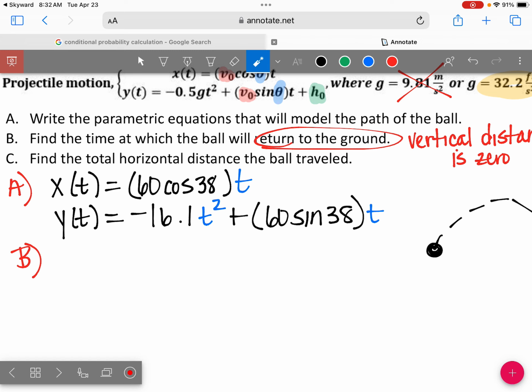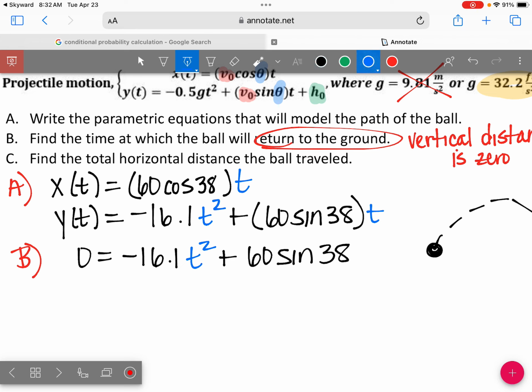But I can figure out t by using my vertical parameter. So if it's on the ground, that means that this equals 0. So 0 equals, and I'm going to write this equation, negative 16.1 t squared plus 60 sine 38 t.